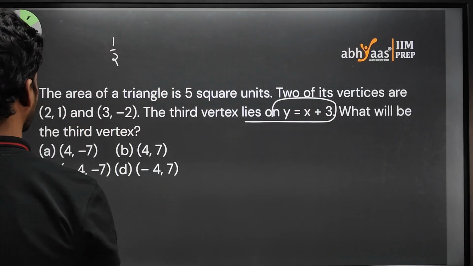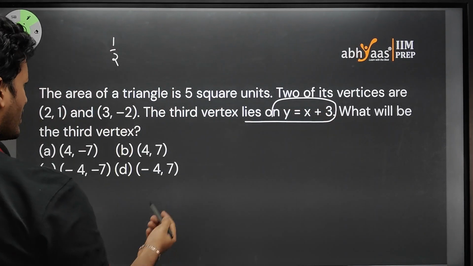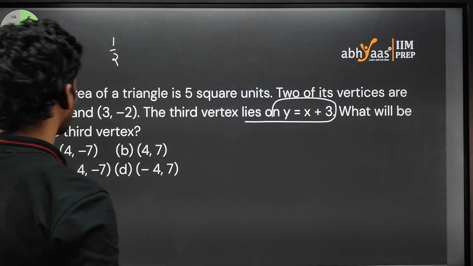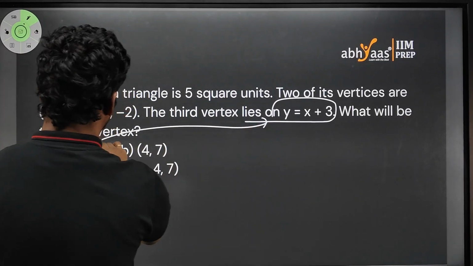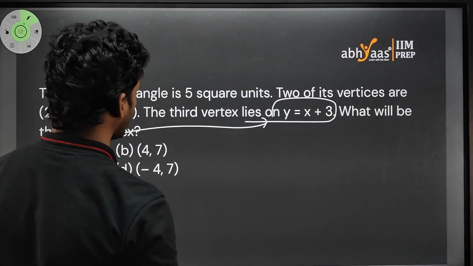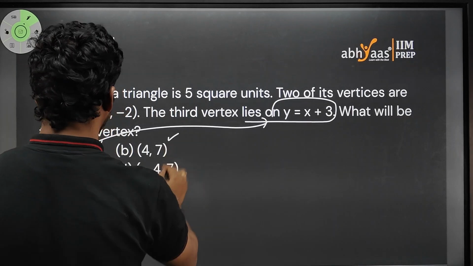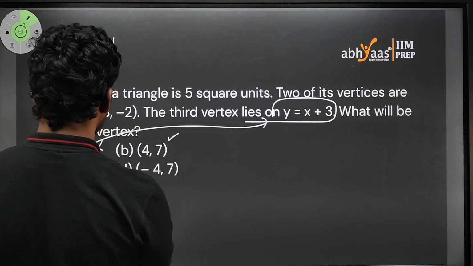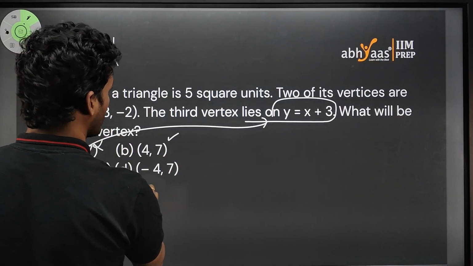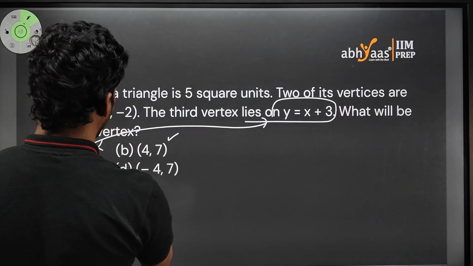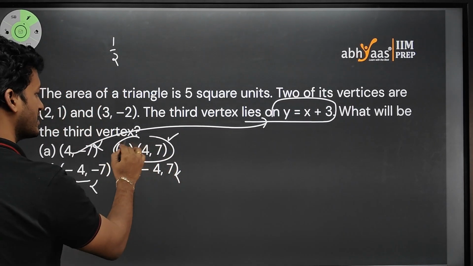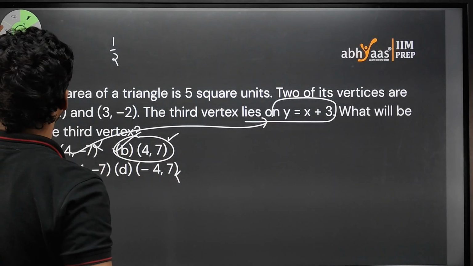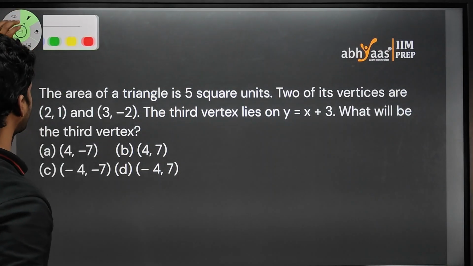You can check through the options this way also: minus 7 and this one, this is not applicable; this one is applicable; and minus 7, minus 4 is not applicable; minus 4 plus 3, no. So through options you can say this is the answer, but I don't prefer that way.